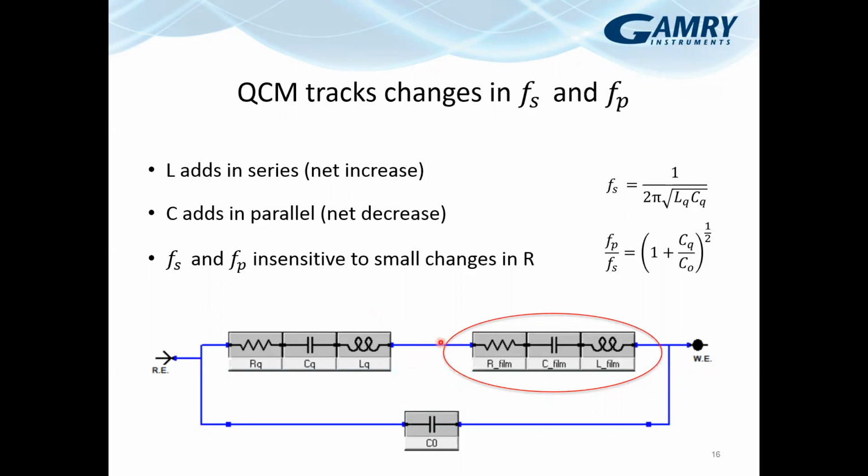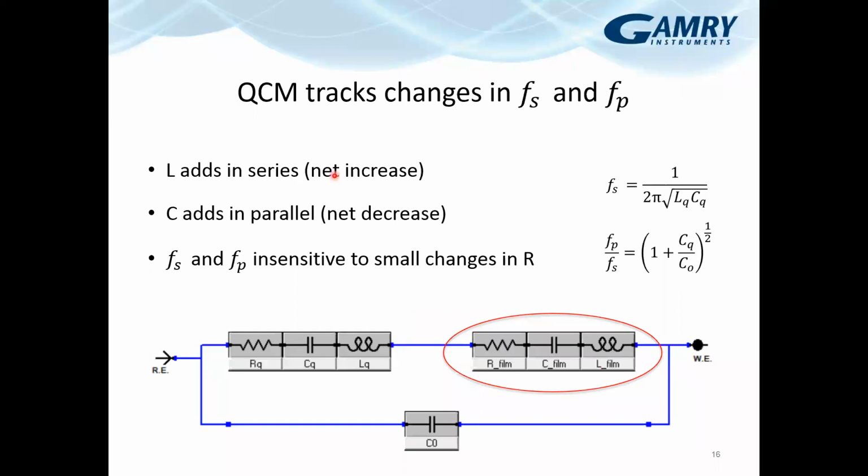So one of the things to realize is that if you look at the BVD model and you add your film properties, like the film resistance, a film capacitance, and a film inductance, you'll note that inductors in terms of circuits add in series, right?